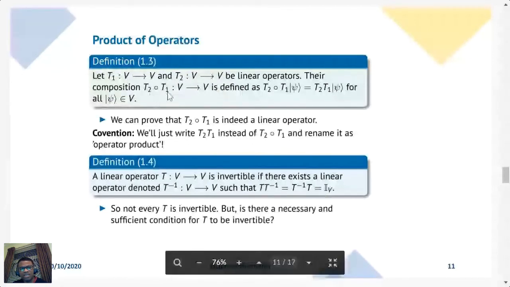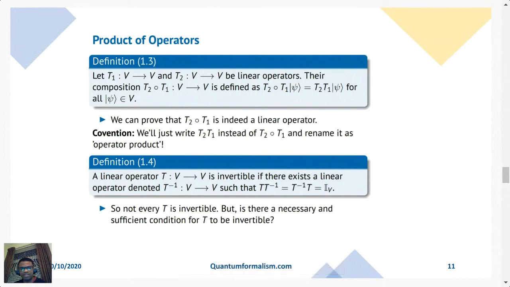It doesn't matter anyway. The composition of the two operators, which also goes from V to V, is defined like this: you apply T1 first to psi, and then to the result of that, you apply T2.